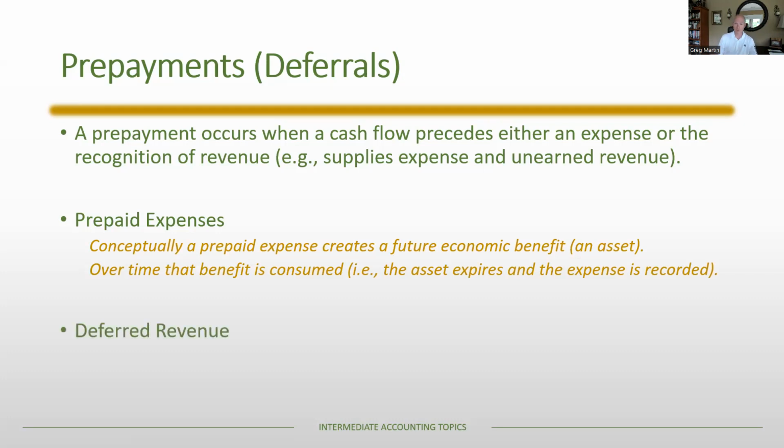And then with deferred revenue, it's sort of an opposite situation. Instead of dealing with assets and expenses, we're going to be dealing with liabilities and revenue. In a situation with deferred revenue, I receive payment instead of making a payment. But now I have an obligation that results from that.